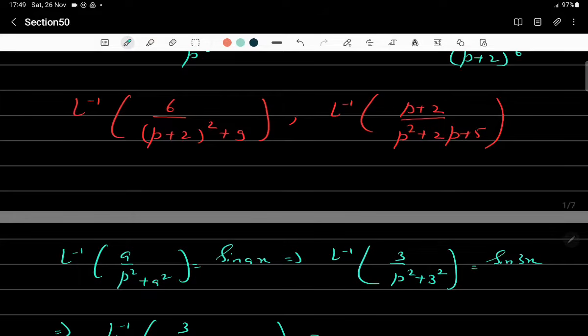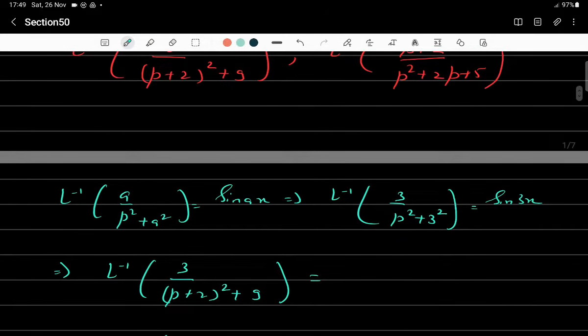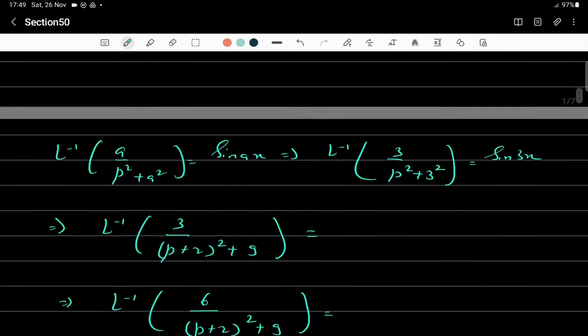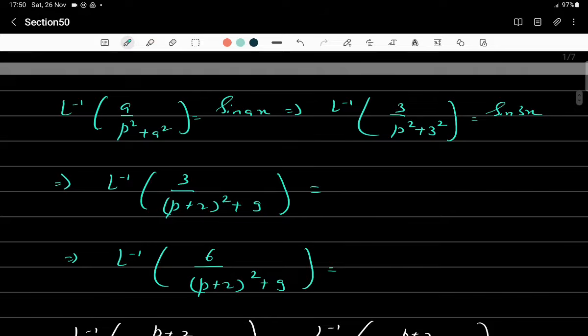If I replace p by p plus 2, e raised to the power minus 2x would come into the picture. And in the numerator I need 6, so I have 3, and I multiply it by 2. So Laplace inverse of 6 by (p plus 2) whole square plus 9 is 2 e raised to the power minus 2x sin 3x.